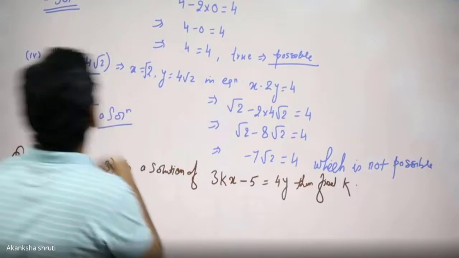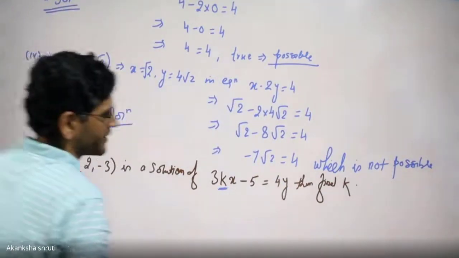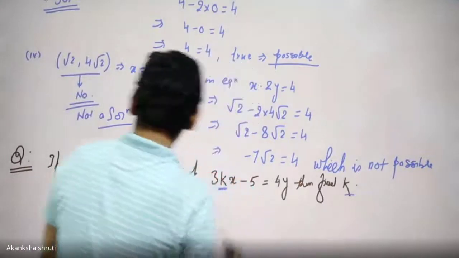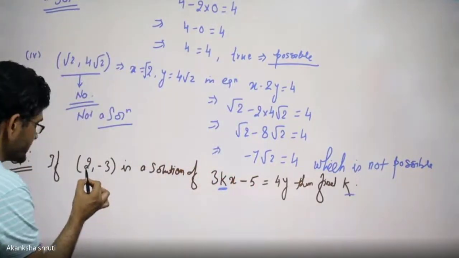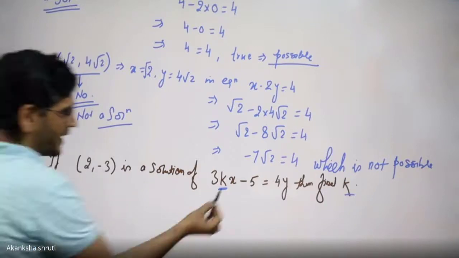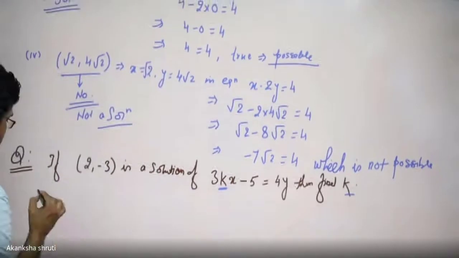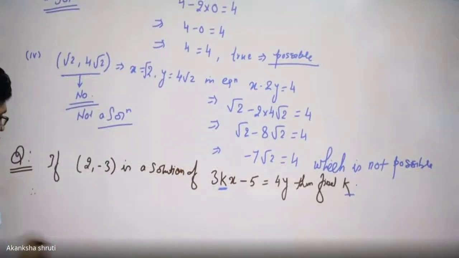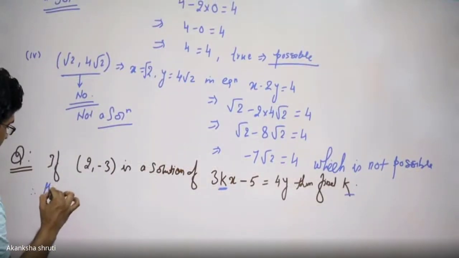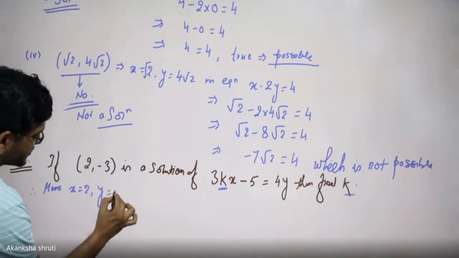So students, in this equation, this k has to be calculated for x equals 2 and y equals -3. This becomes equal. Here it is given that x is equal to 2 and y is equal to -3.